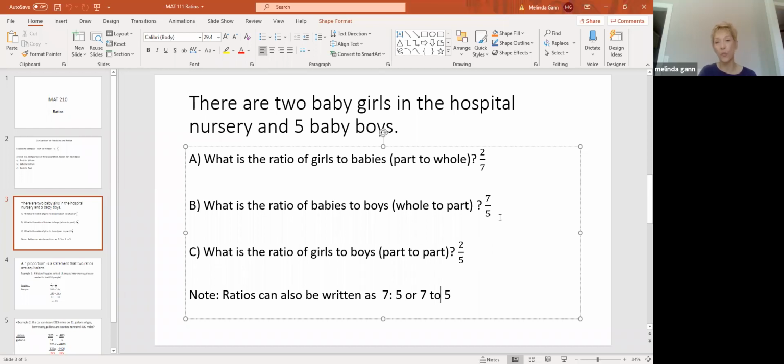But to work the word problems, it's going to be easier to write them where they look like a fraction. And you'll see why when we do a couple of them. But if I just ask you on a test, what's the ratio of girls to boys? What's the ratio of the correct items to the incorrect items? You can do it with a colon, the word "to," or with that bar that looks like a fraction bar.